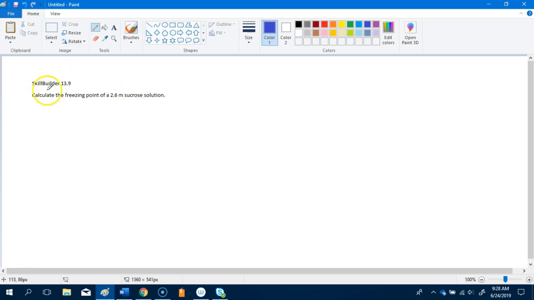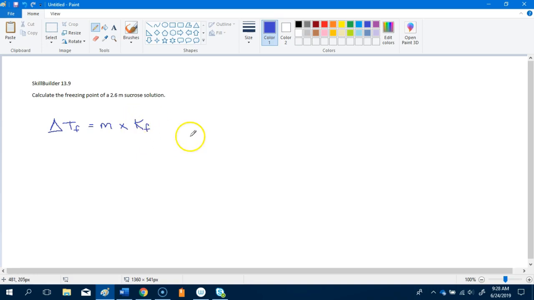So in Skill Builder 13.9, the question is: calculate the freezing point of a 2.6 molality sucrose solution. And the formula that we're going to use to help us figure out that freezing point is the freezing point depression, which is change in TF, equal to the molality times the freezing point depression constant.